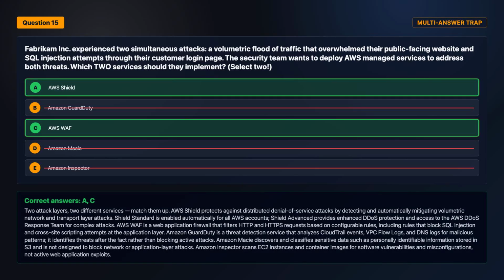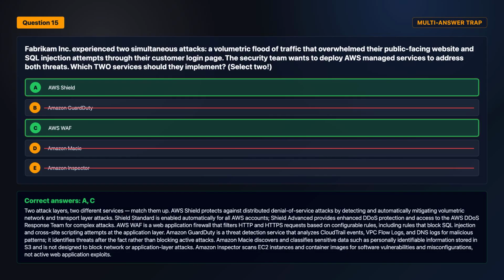The correct answers are option A and option C. Two attack layers, two different services, match them up. AWS Shield protects against distributed denial of service attacks by detecting and automatically mitigating volumetric network and transport layer attacks. Shield Standard is enabled automatically for all AWS accounts.